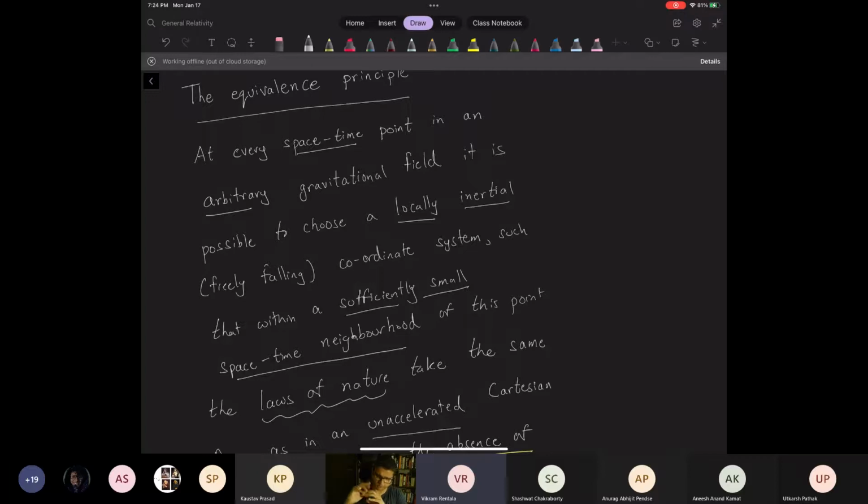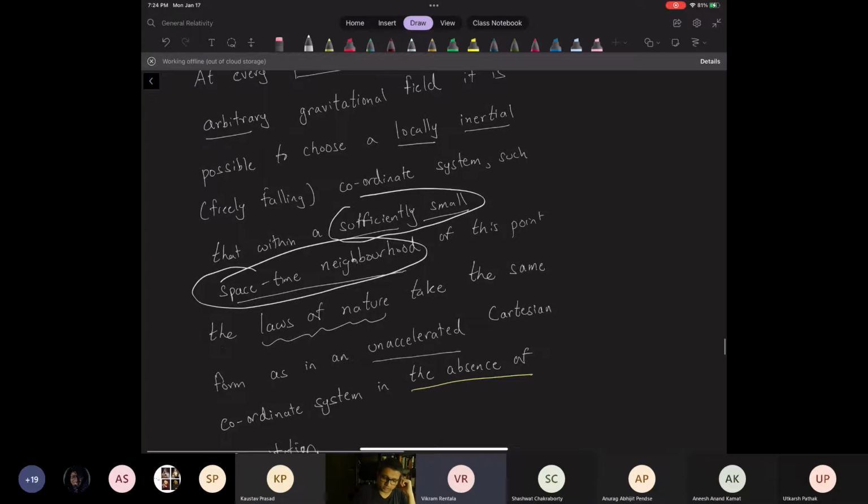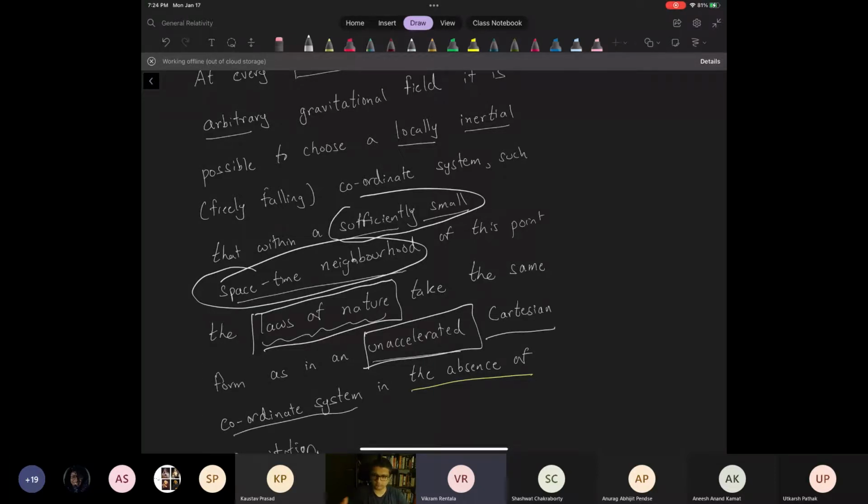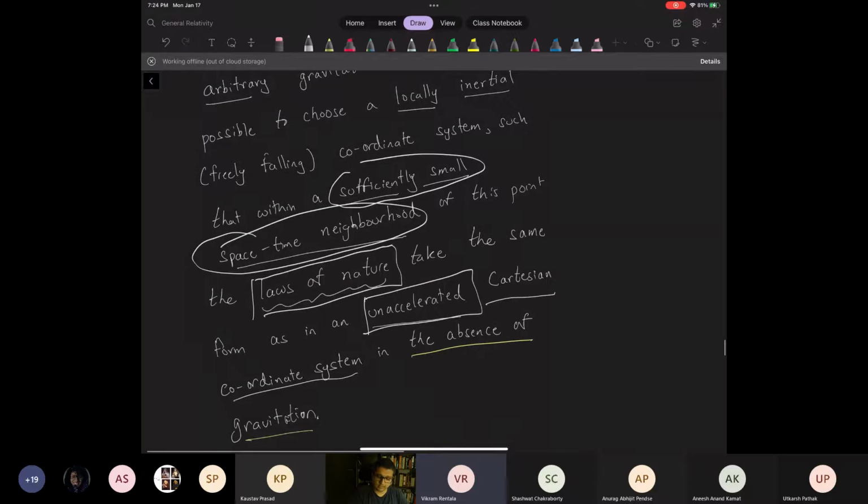coordinate system. And what do we mean by inertial? Freely falling in the gravitational field, such that in a sufficiently small space-time neighborhood of the point that you started with, the laws of nature will take the same form as in the unaccelerated Cartesian coordinate system, by Cartesian I mean an orthogonal coordinate system, in the absence of gravity.